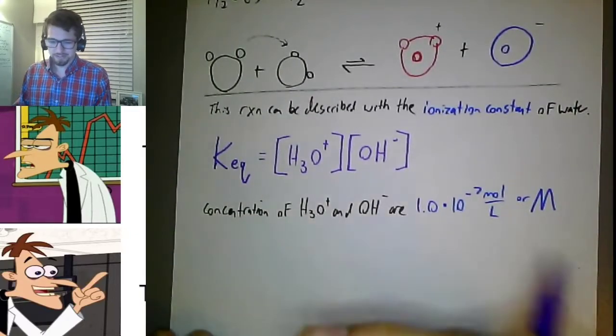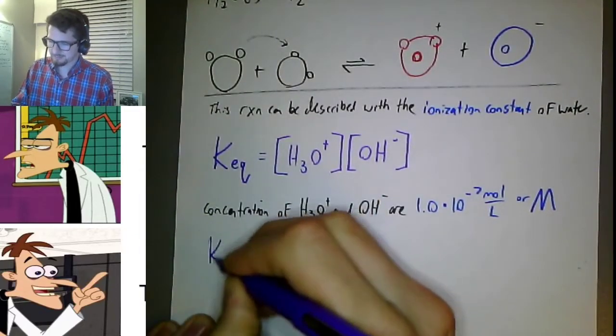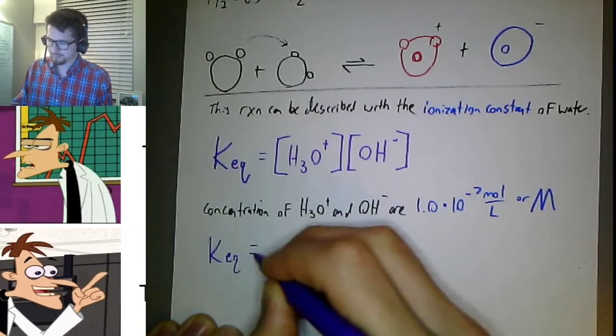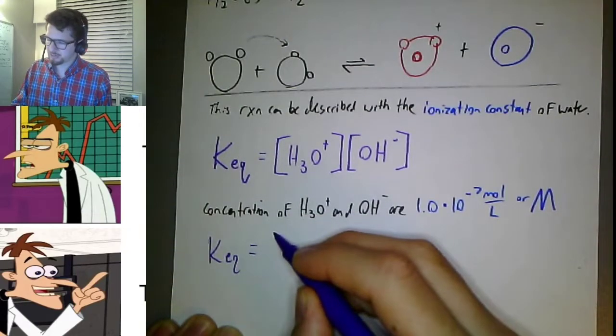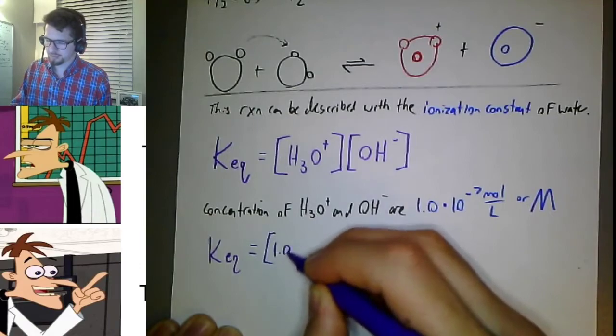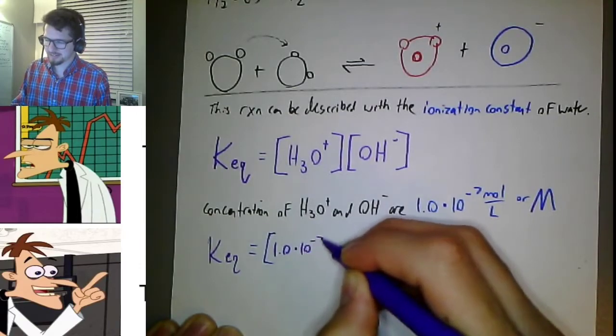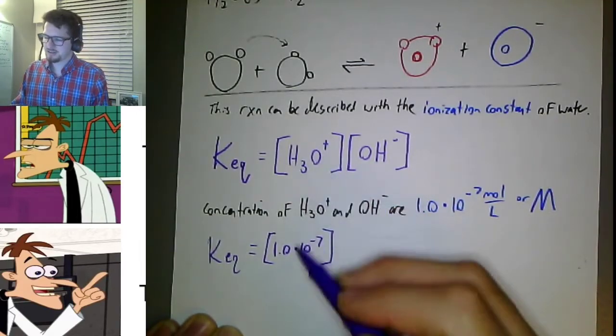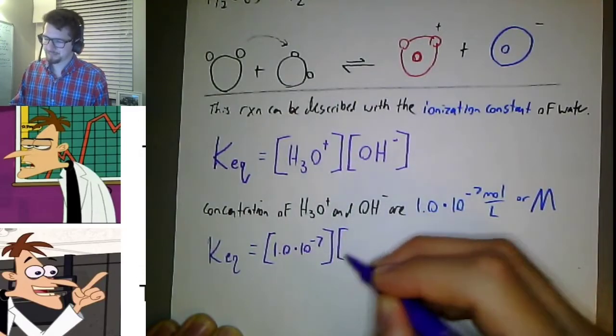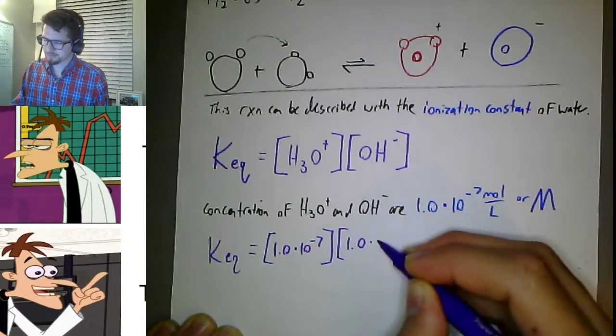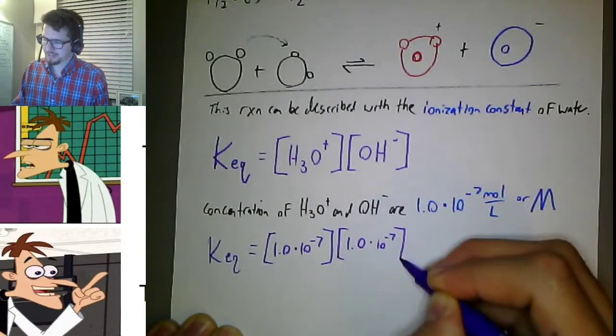So we could rewrite our equation as equals 1.0 times 10 to the negative 7, that's the concentration of the hydronium, times the concentration of the hydroxide.